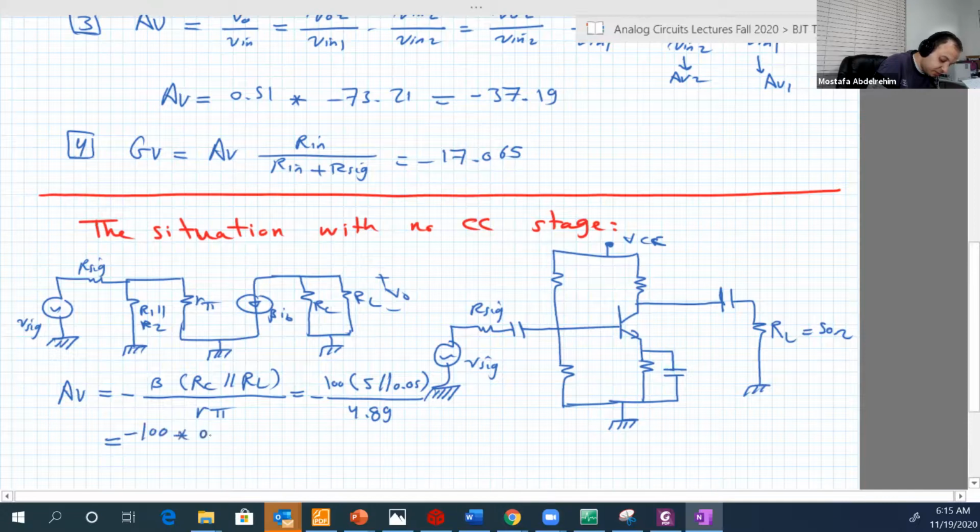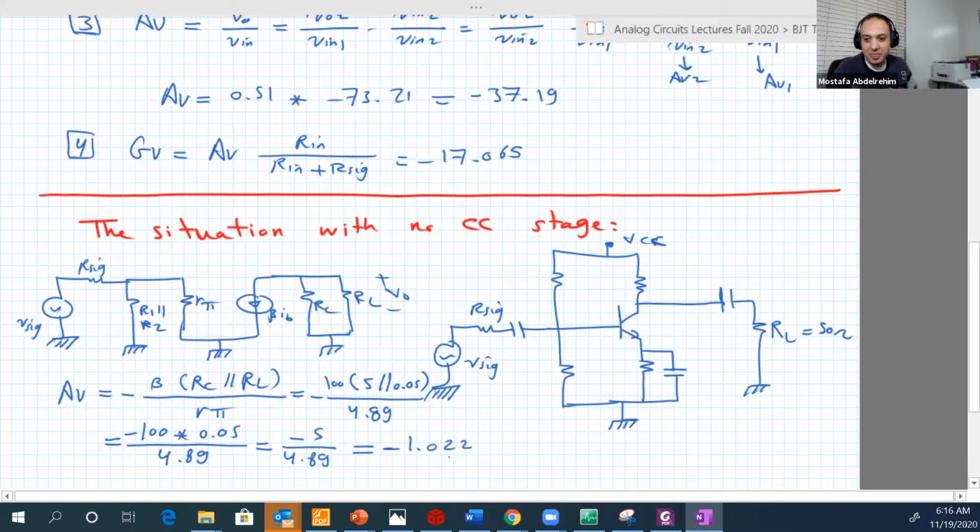It's easy. Over 489. So this is equal to minus 5 over 489. This is minus 1.022. So it's approximately 1. Because the load is extremely small compared to the output of the circuit, which is RC, the parallel combination between RC and RL goes to RL, which is small, so the AV becomes also small.